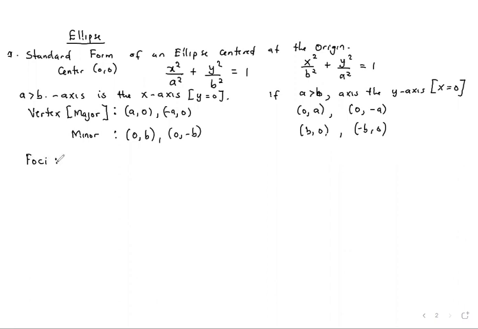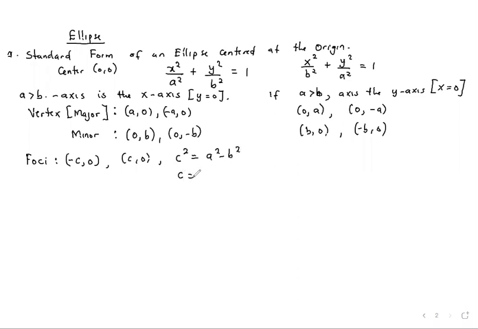For the foci, coming for this type, you introduce a c that you can find by calculation. So you say the foci is going to be negative c comma 0 and positive c comma 0, where c squared is equal to a squared minus b squared.